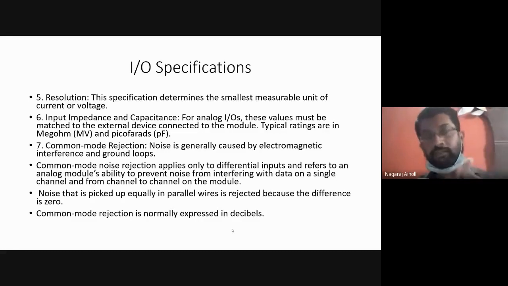One we connect to positive, another we connect to negative. If the noise is equal, what will happen? Due to differential signaling, suppose the noise is 5 millivolts. 5 millivolts minus 5 millivolts, what will happen? 5 minus 5, it will be 0.